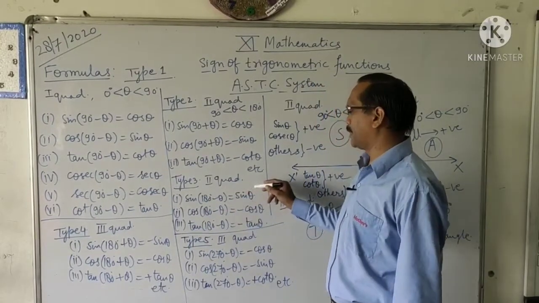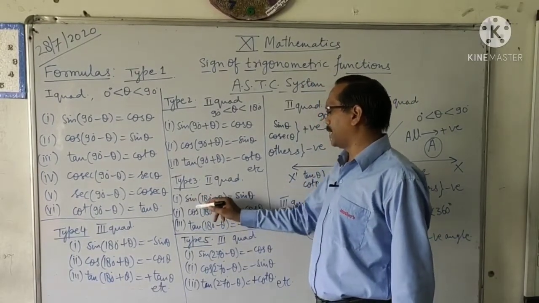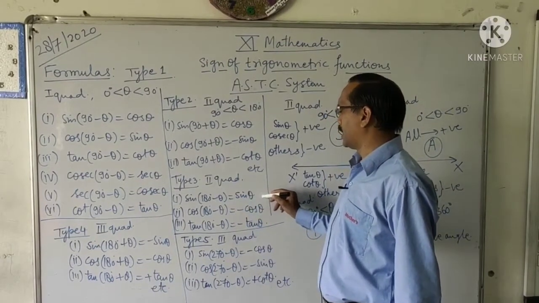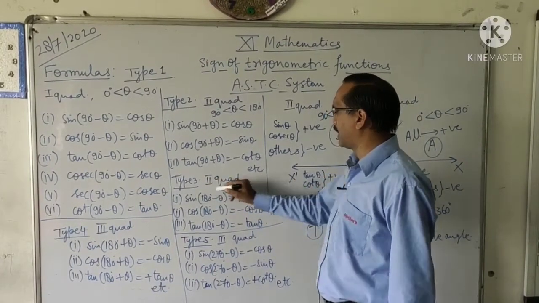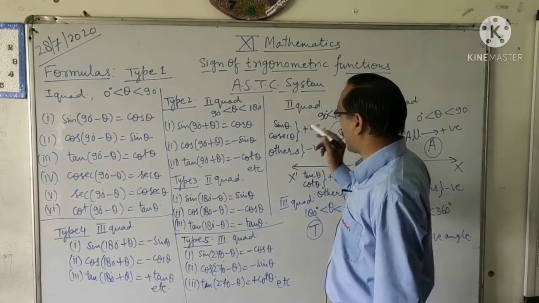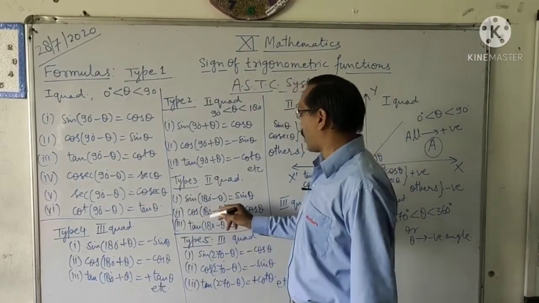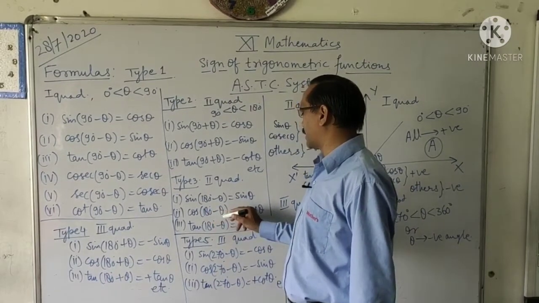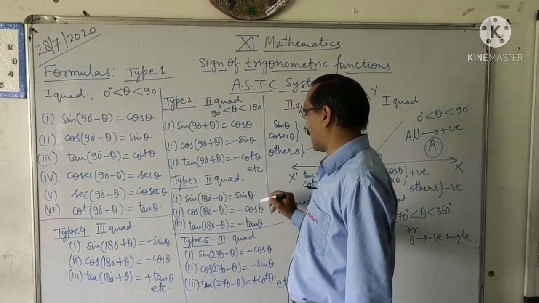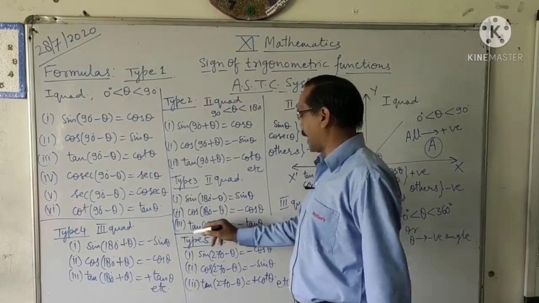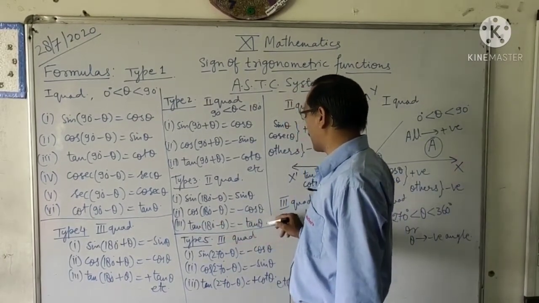Now there is type 3. In type 3, sin(180 degrees minus theta) is sin theta. Students, it is also the second quadrant and the angle is less than 180 degrees. Cos(180 degrees minus theta) is minus cos theta, because in the second quadrant cos is negative. Same, tan(180 minus theta) equal to minus tan theta.